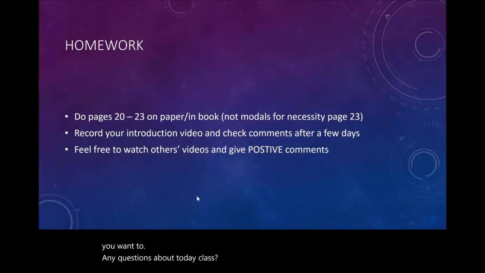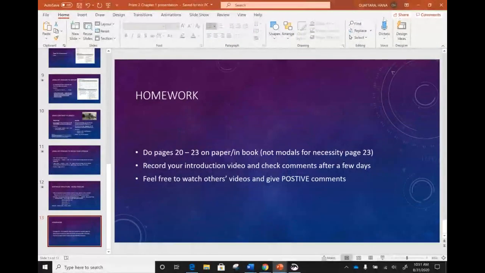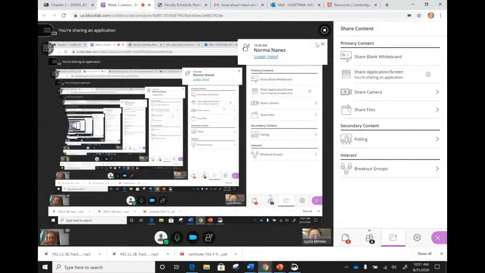No, teacher, thank you. Teacher, I don't know if in the meantime before we receive our book you can share a picture of these pages in order to study or to check the homework.